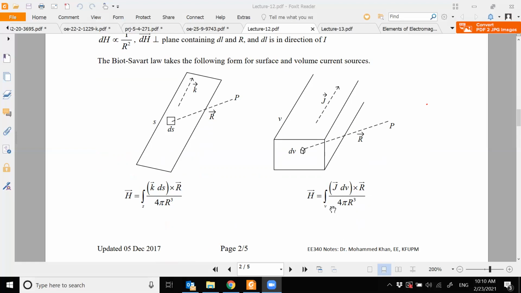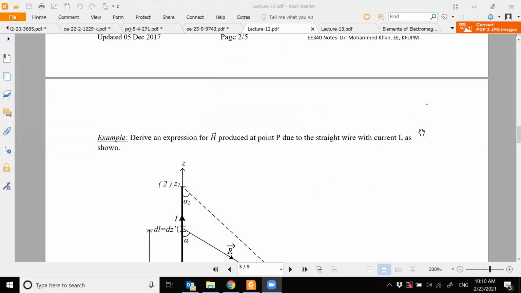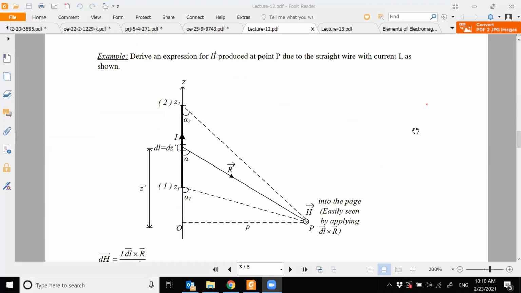And for volume, it is integral over the volume, J bar dV cross R over 4 pi R cube. So this is the Biot-Savart law for all the three cases: line, surface, and volume currents. Now let's take an example.